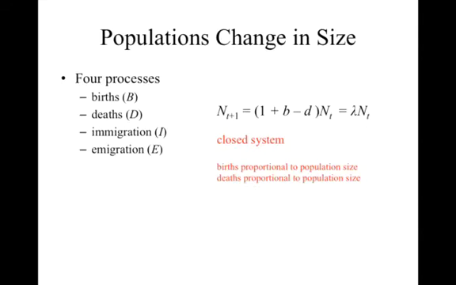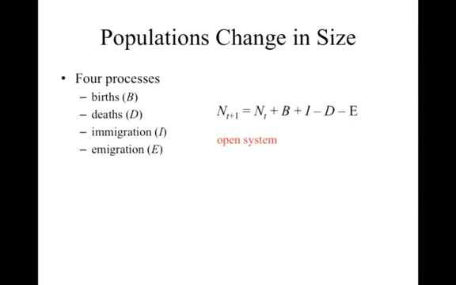One's the number of deaths per individual on average. If I just lump those all into a single constant and call that lambda, you can see that this gives exactly geometric growth. So really that lambda, that geometric growth rate, is a summary of the number that were there at the current time, plus the number that were added because of births, minus the number that are lost because of deaths. It's just the 1 plus the birth rate minus the death rate.